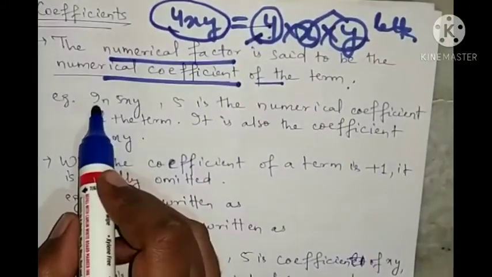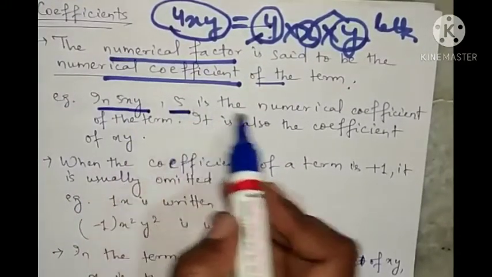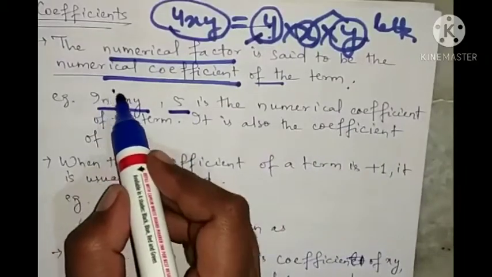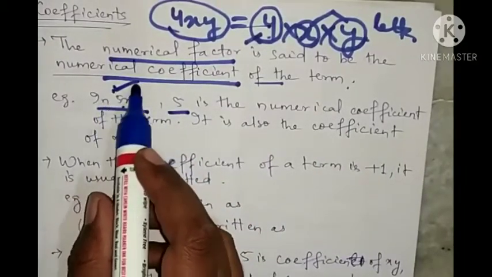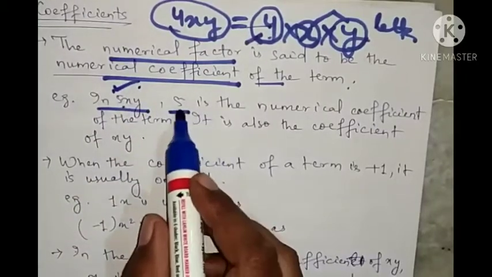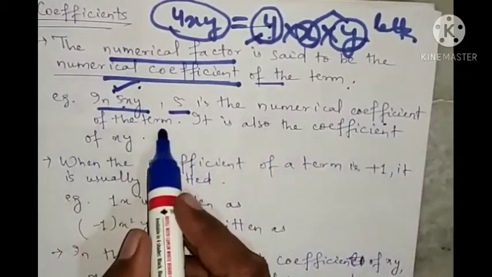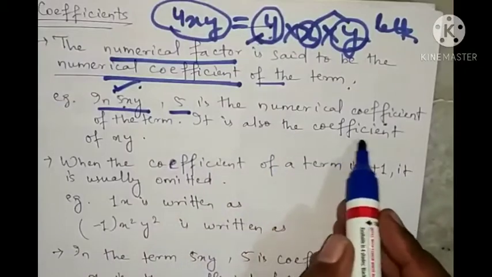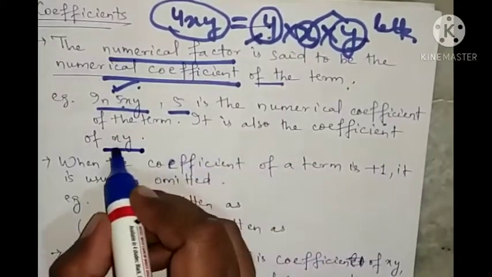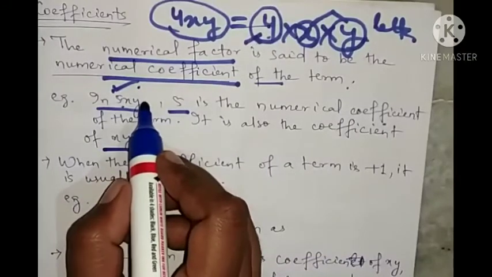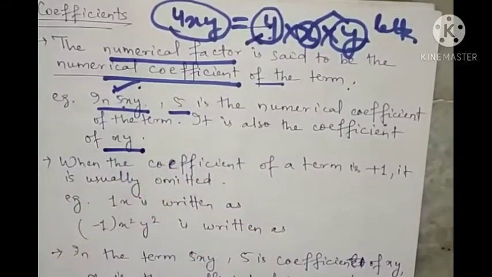Similarly in 5xy, 5 is the numerical factor because 5 is the number. That's why 5 is the numerical coefficient of the term. It is also the coefficient of xy.